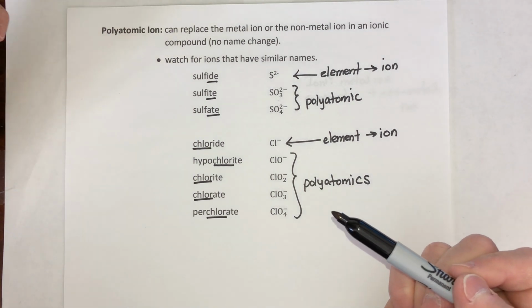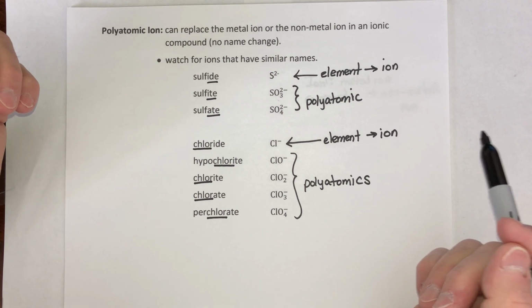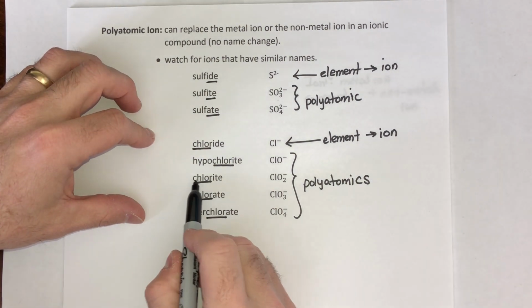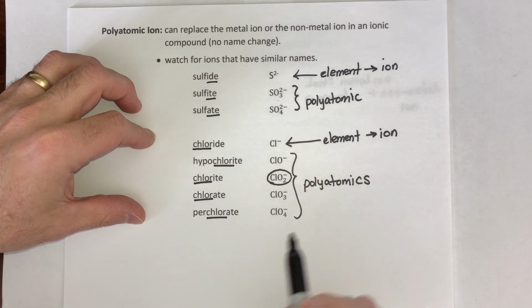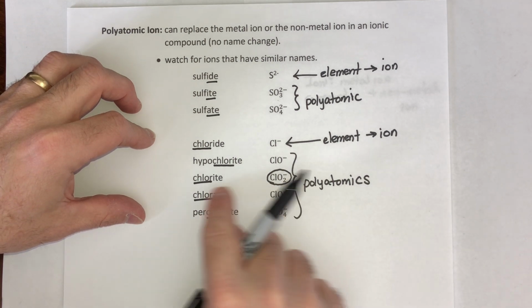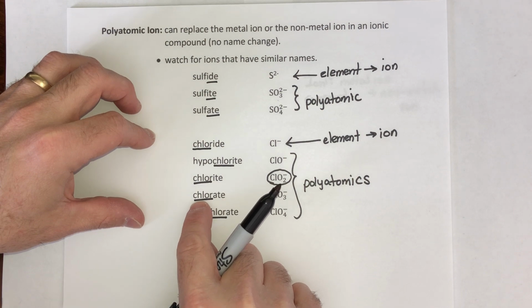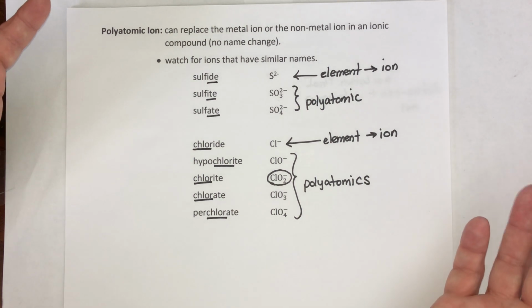So when you're doing these problems, it is very easy to read the word and then pull out the wrong formula that you're going to use, right? You have to make sure that if I ask for chlorite, that you use ClO2 1-. You got to make sure to choose the right formula to go with the right name. It is very easy to read the name and then choose the wrong formula, which is going to make your answer incorrect, right?